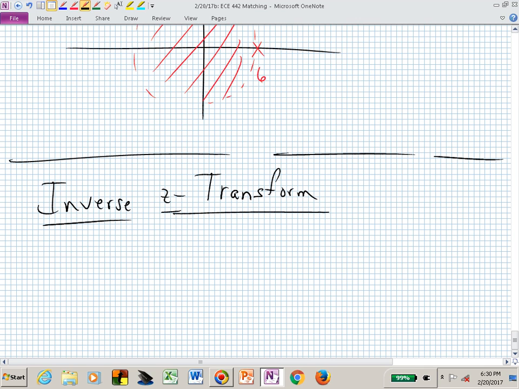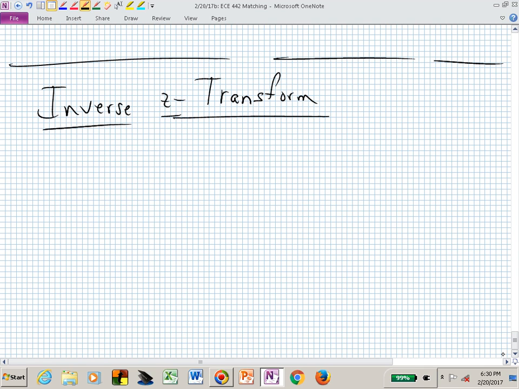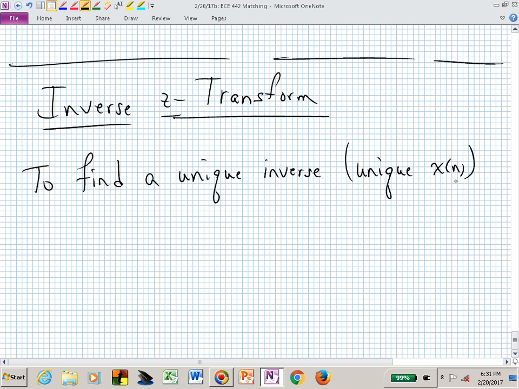And that's important for the following reason. If somebody gives us a z transform, can we tell them what little x of n is? To find a unique inverse, or a unique x of n, we actually need two things.